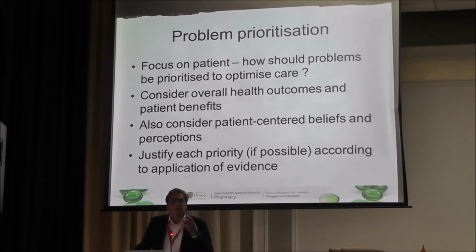They don't realize the importance, perhaps, of good blood pressure control. So we need to look at this in the overall picture, and then justify each priority according to the application of evidence and the patient context. That is often a real challenge. I'm sure most people who work in clinical practice, working with complex patients, know that making a decision on which is the most important issue to deal with is a real challenge sometimes.